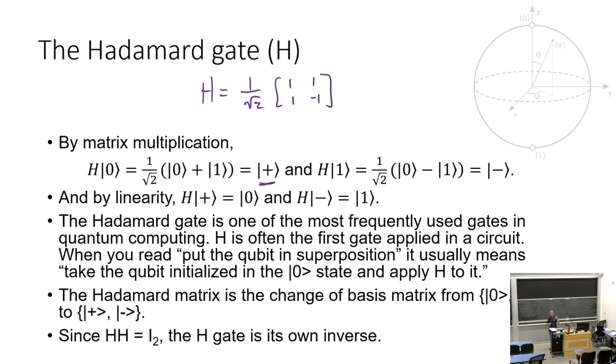So it creates an equal superposition of the two basis states, 0 and 1. It's what forms a random input, which is why it's usually the very first thing you do when you start a quantum algorithm, a quantum computation.